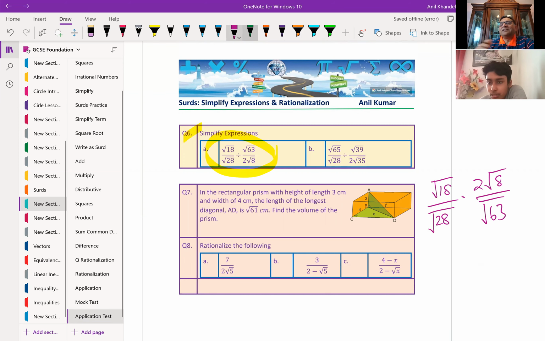Because division is the reciprocal of multiplication, correct? So reverse the numerator and denominator of the second fraction. You can easily simplify it. And this example is very similar to what we did, correct? And the last example involves rationalization, which is very difficult. Do you see that? So try them out.